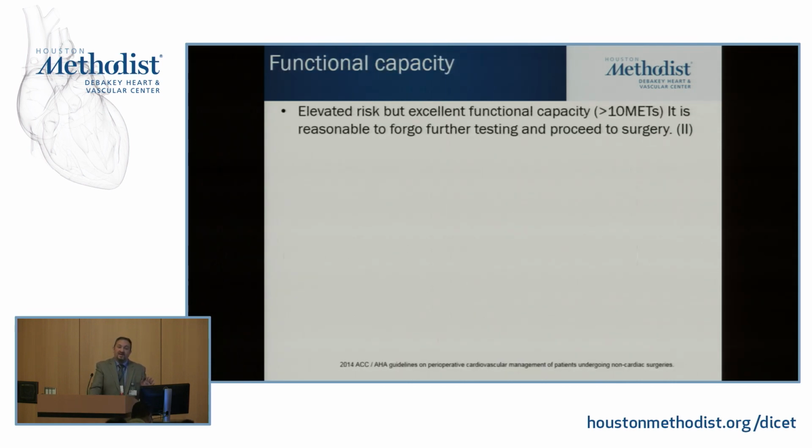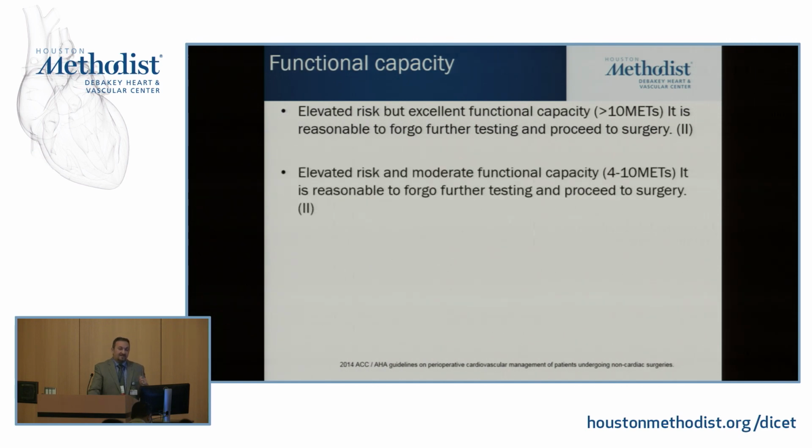So a person that has more than 10 METs, i.e. the excellent functional status, you do not need to do any further testing. The patient that is in that gray zone, on the guidelines, you can forego any further testing. But again, trust but verify. If you could verify that that patient is really as functional as he describes, fine.